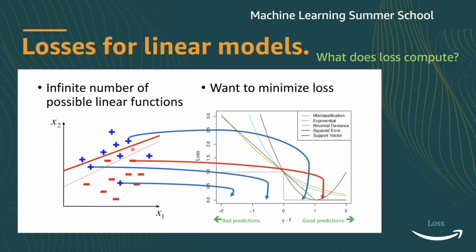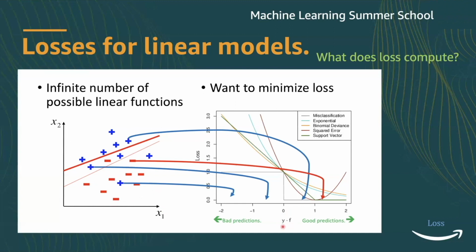Now, let's say this solid red line is the decision boundary. Take the example of this red point. This lies below the red line, and it is correctly categorized. Below the decision boundary are all the red points.